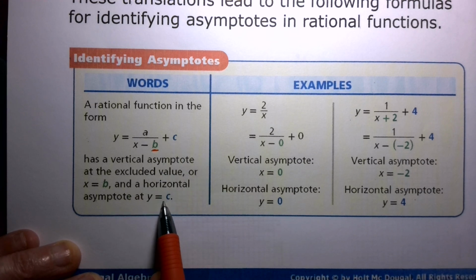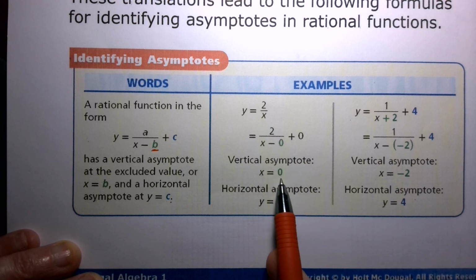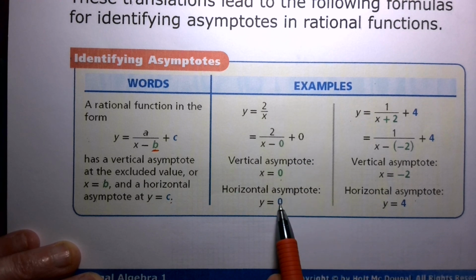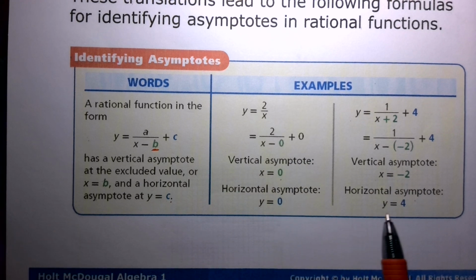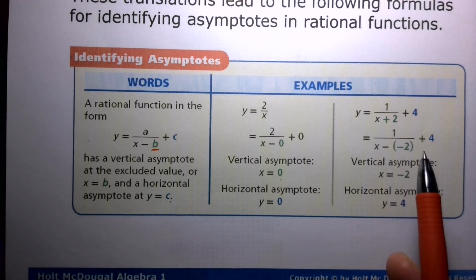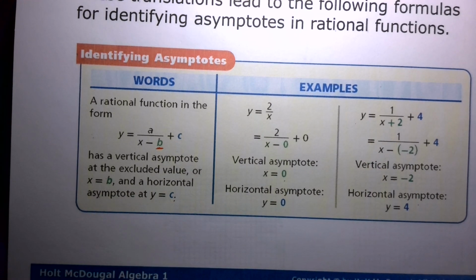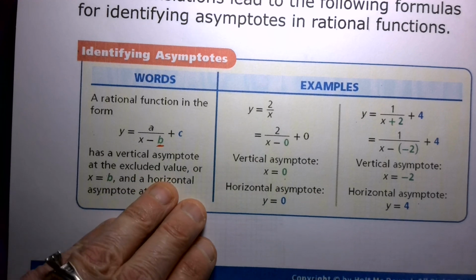The c is your y. If there is nothing down here, if it happened to be a 0, then it would be x equals 0. And if that happened to be a 0, it's y equals 0. It's fine. And if you happen to have a plus value, you could rewrite it. But I think it's easier actually to just think what would make this equal to 0. And I see the +2 and I think, oh, it has to be a -2 then. Or you can set it equal to 0 and solve.